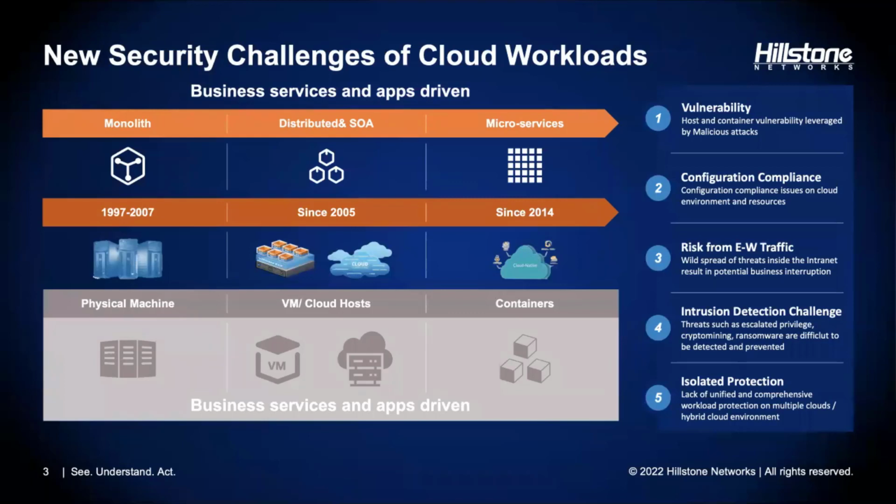Third, lateral movements amongst workloads are more difficult than ever to detect because of the sheer volume of workloads across the expansive cloud surface. Remember that cloud workloads can exist across a large variety of clouds, such as private, public, multi, etc. To use our own product as an example, CloudHive can provide microsegmentation across VMs. But when it comes to containers, there are different configurations needed, as containers operate differently from VMs.